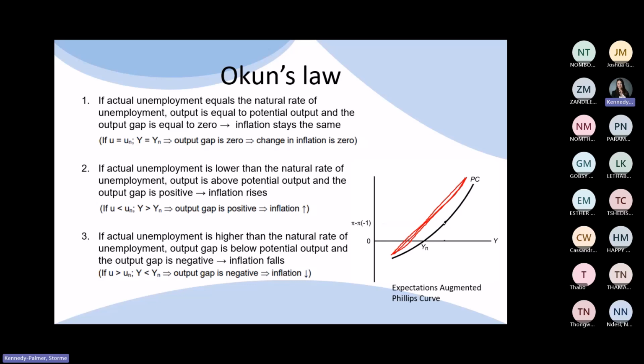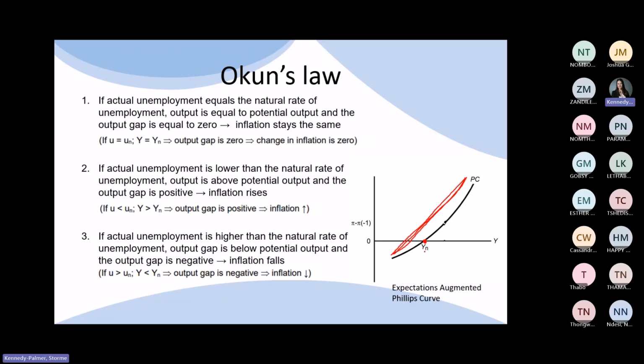Let's look at three possible scenarios. If actual unemployment equals the natural rate of unemployment, then output is equal to potential output, and the output gap is zero, which means we are at this point here. Output is equal to the natural level, and inflation is constant because the change in inflation is zero.